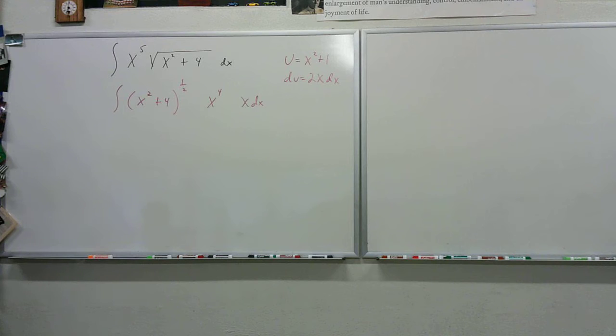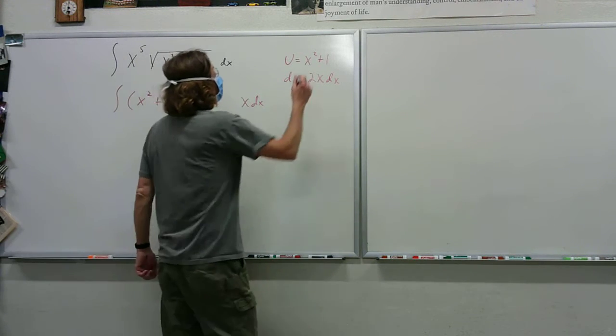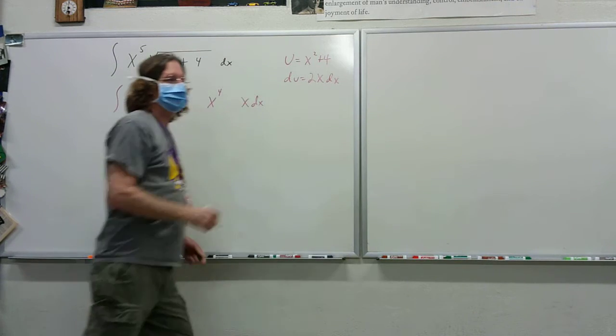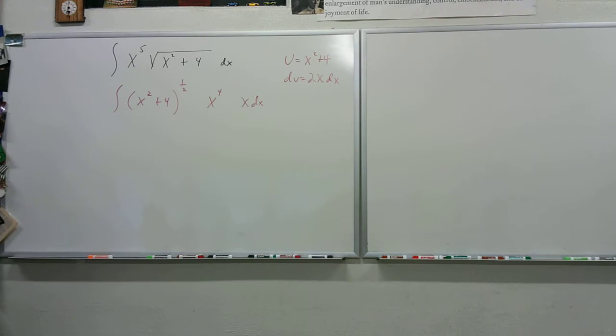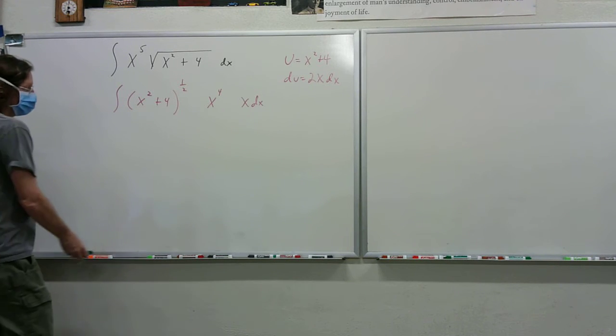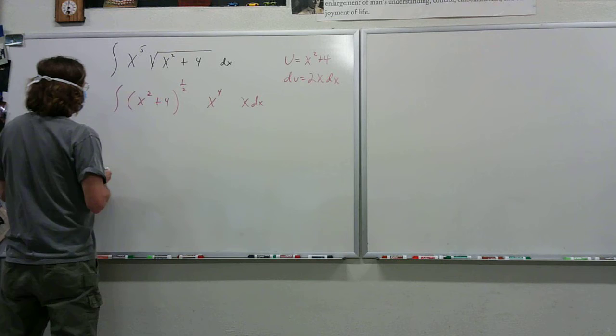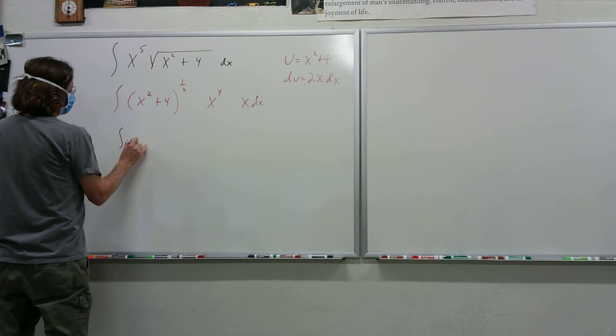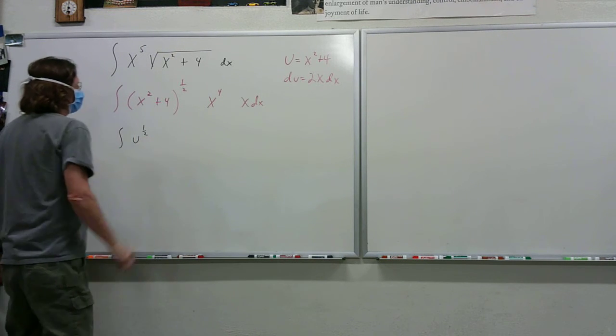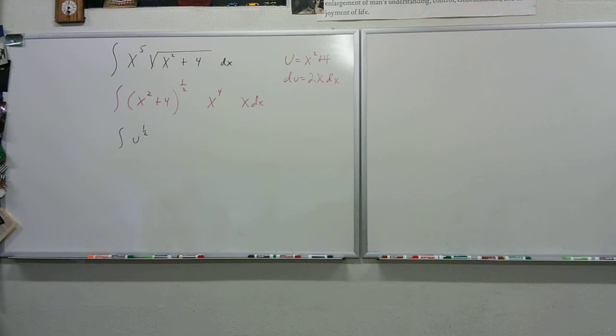Yes, sir? How is u x squared plus 1? It's not. It's x squared plus 4. Yes, sir. U is x squared plus 4. I'll do that part for you.